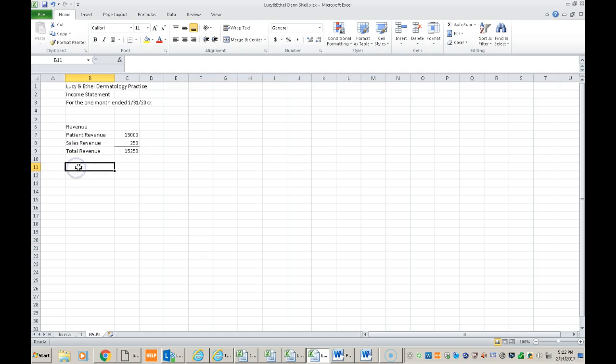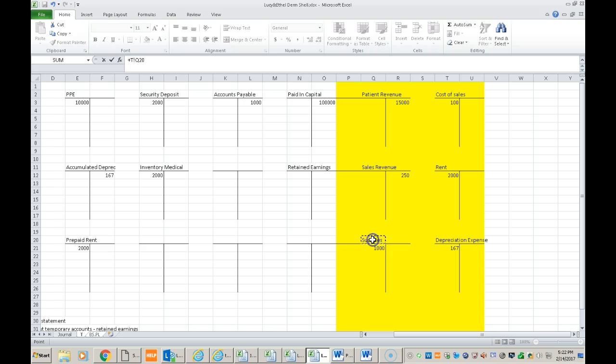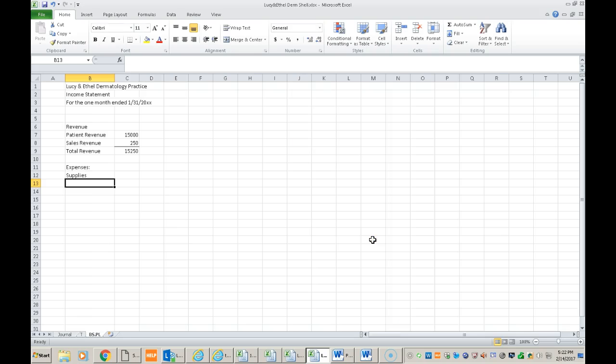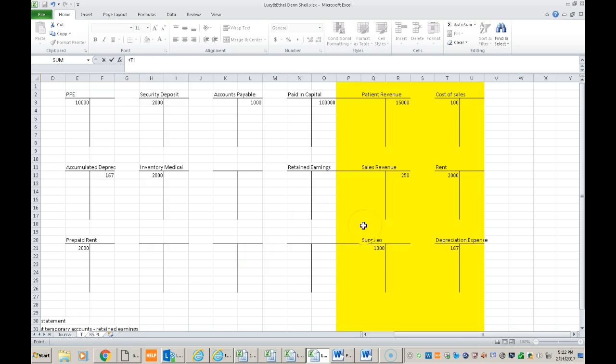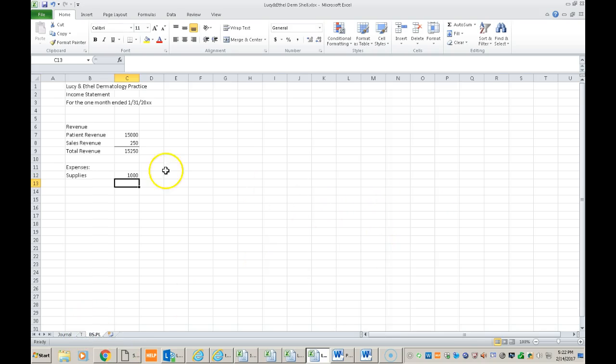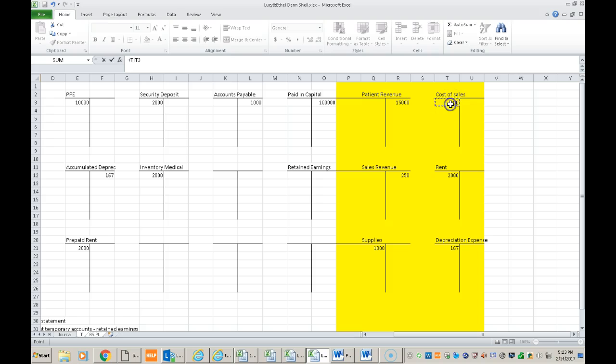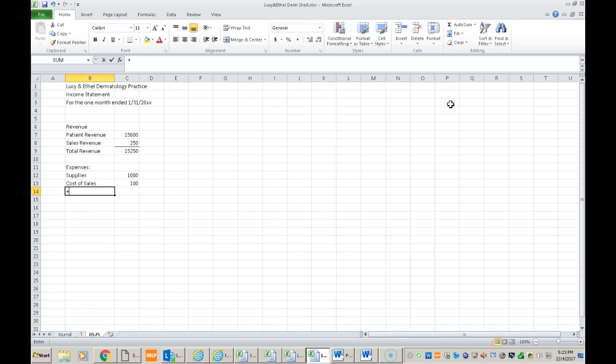And now we'll add our expenses. So our expenses from our T accounts, we have supplies of $1,000. We have cost of sales. Again, you could just do plus and get that way. Doing a little bit of a hybrid here. We have rent.